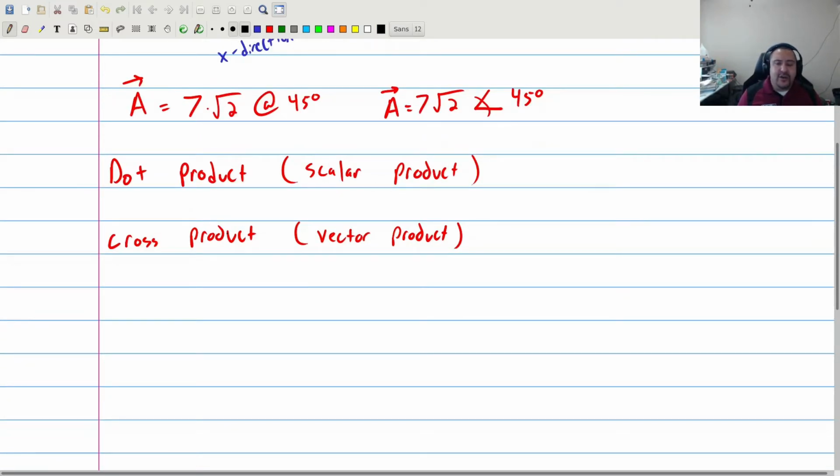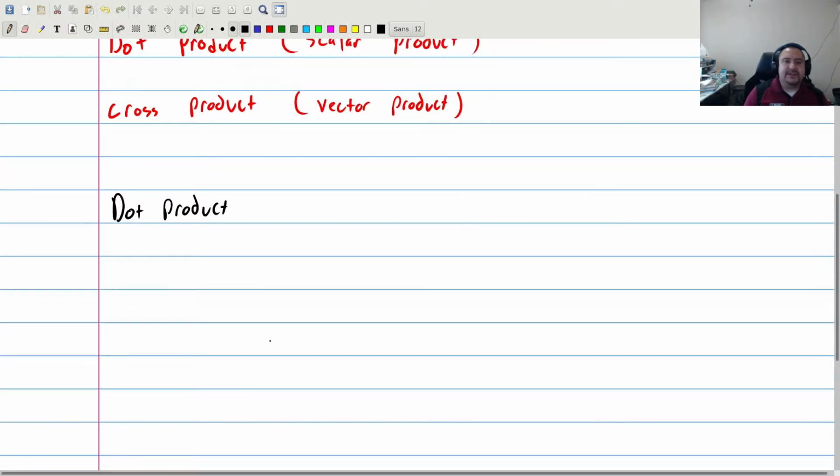So a dot product is actually pretty simple. If you have two vectors and they're expressed, let's start off in Cartesian. So this is a dot product, and we're going to do this in Cartesian form first. So let's say you have two vectors. A vector is going to be equal to, let's make it 3i hat plus 4j hat.